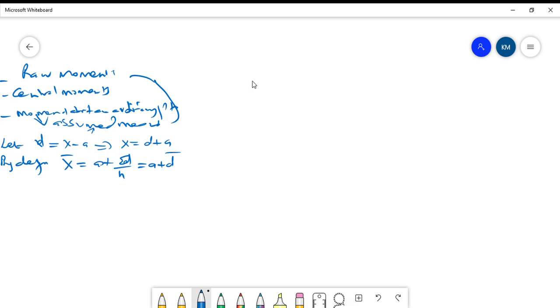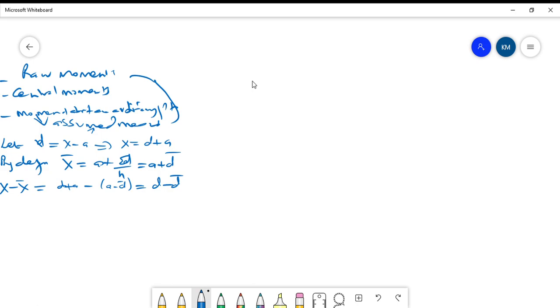So if I'm looking for x minus x bar, which is what I require to compute the central moment, this will be equal to d plus a minus x bar, which is a plus d bar, and this simply reduces to d minus d bar. This is what you use to move from central moments to moments about an arbitrary point.